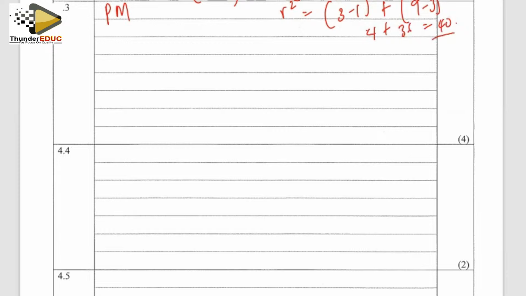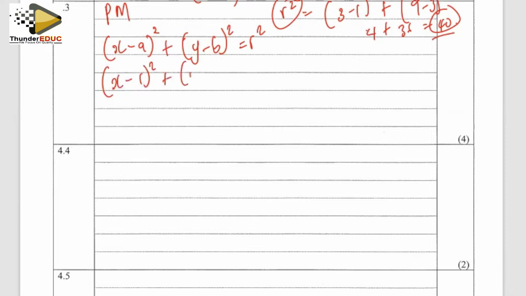So my R squared is a 40. Then we know that a circle is given as x minus a squared plus y minus b squared is equal to R squared, which is x minus 1 squared and then y minus 3 squared, and our R squared is 40. If you found the square root there, you can square it again and get back that.